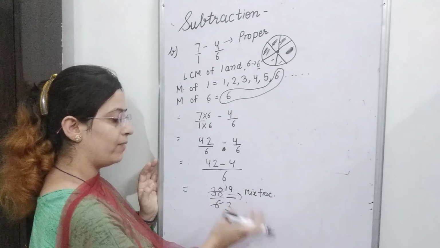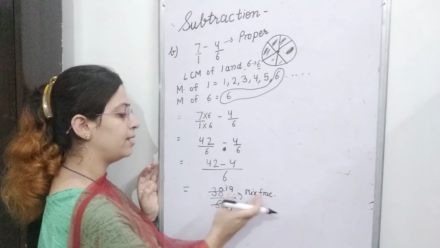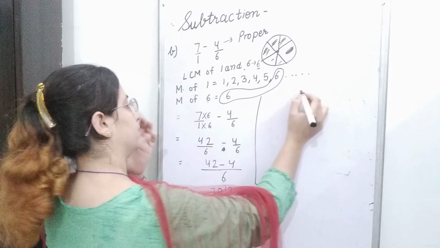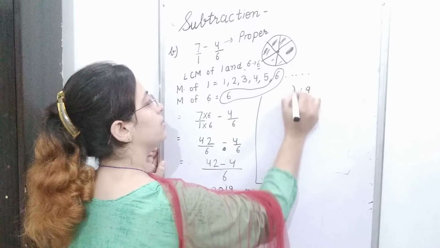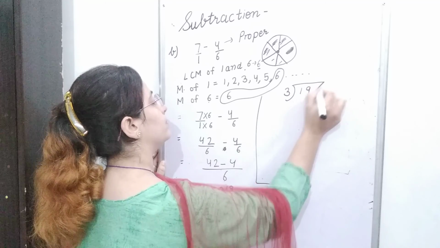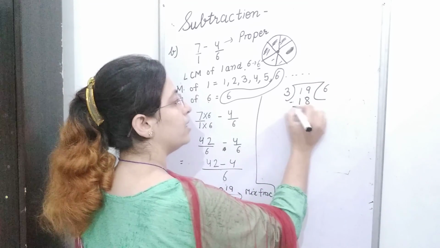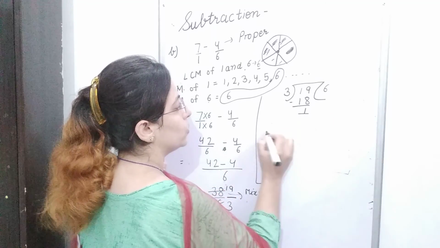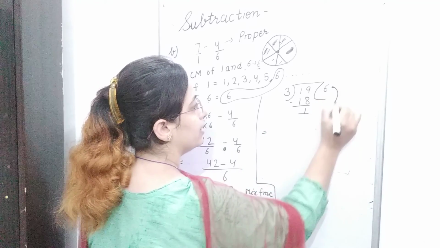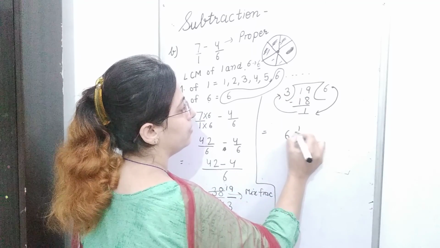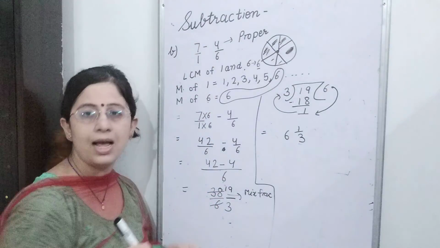So I have to divide and convert this into a mixed fraction. So let us divide it. 19 inside, 3 outside. 3 times 6 is 18. And 19 minus 18 is 1. So the answer, we start from here: 6, it is 6 and 1 by 3. This is the final answer.